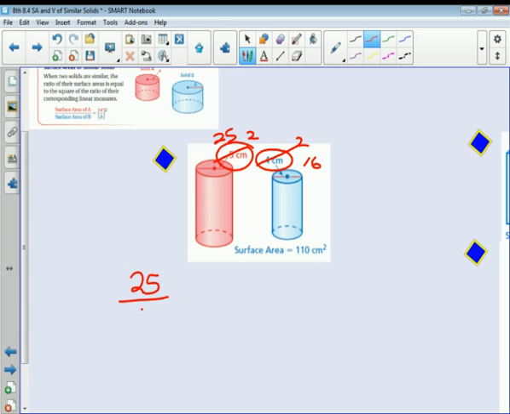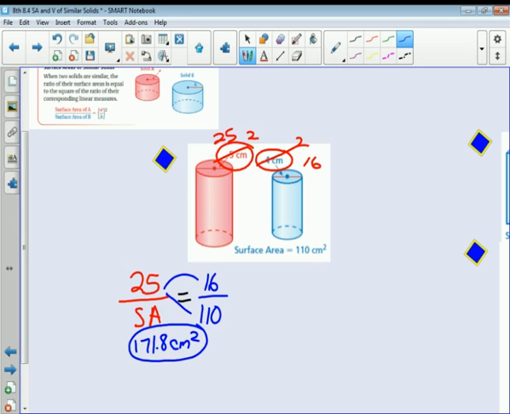I don't know the surface area. That is equal to my blue, 16 over my surface area, which was 110. I'm now going to cross multiply and divide. So 110 times 25 divided by 16 gives me 171.875, so 171.9 centimeters squared.